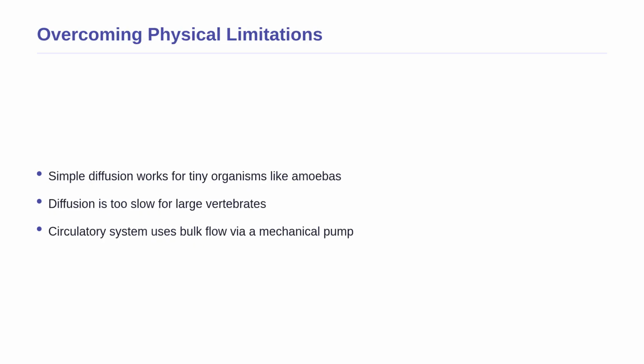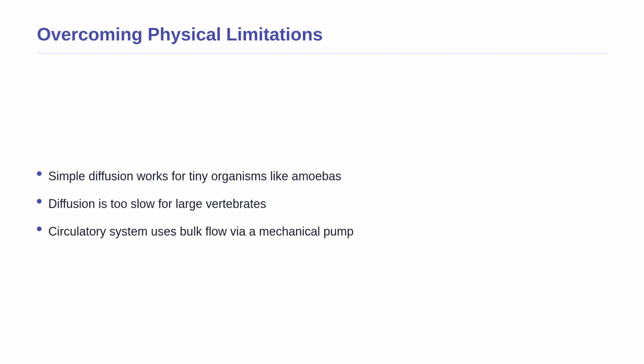Now that we have our analogy, why is this highway system absolutely necessary? For very tiny organisms, like single-celled amoebas, simple diffusion is fast enough to move oxygen from the water directly into their center. However, diffusion is an incredibly slow process over long distances.